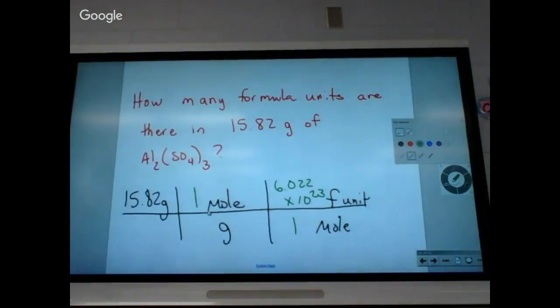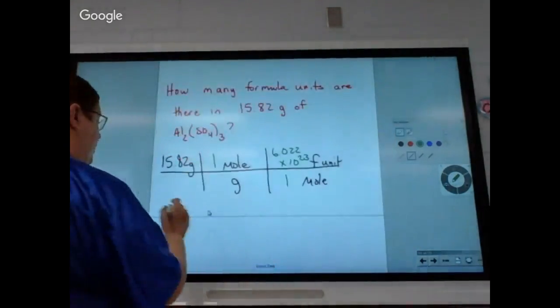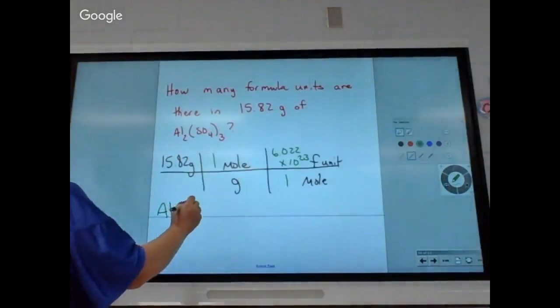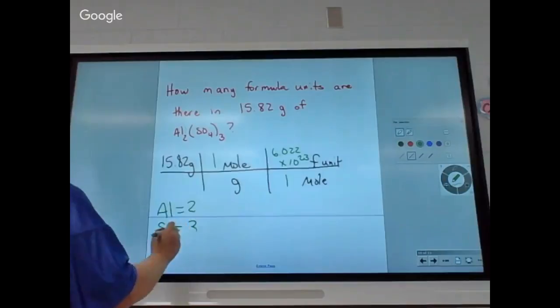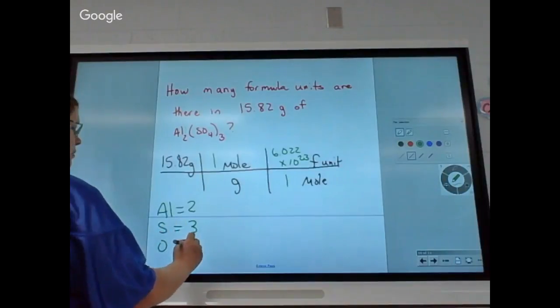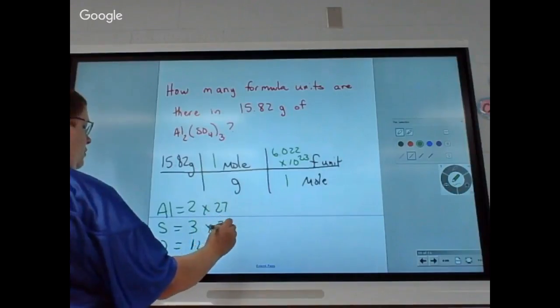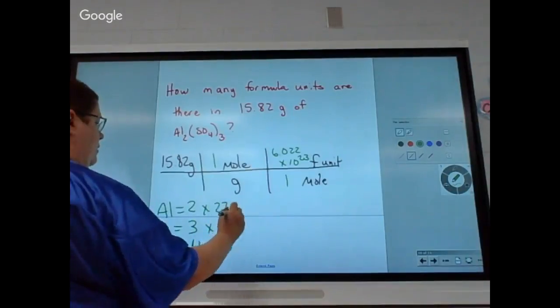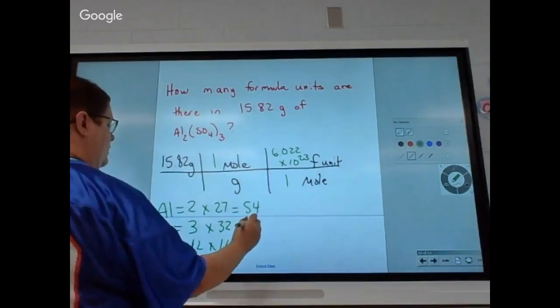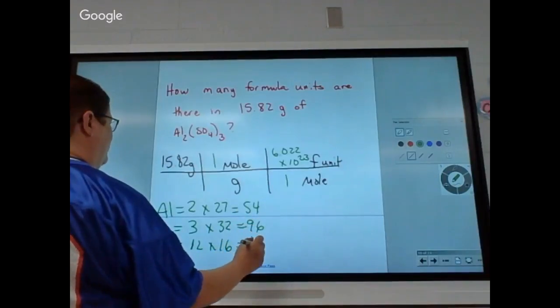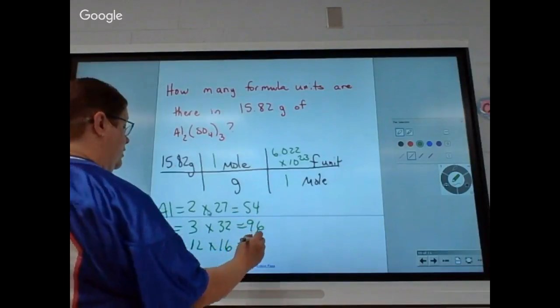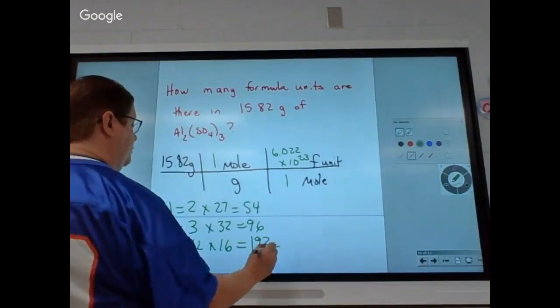So we're going to have to add that up. So we got to take this thing, and we got to add it up. So Al has how many? S has how many? And O has how many? So times 27, times 32, times 16: 54, 96, 192, 342.